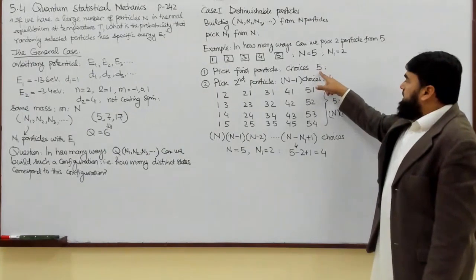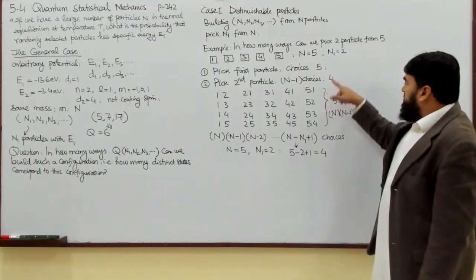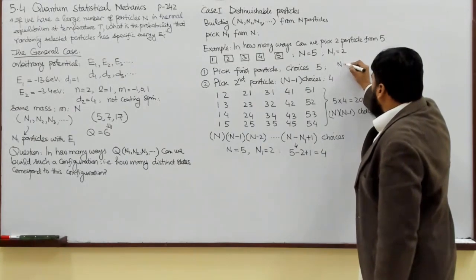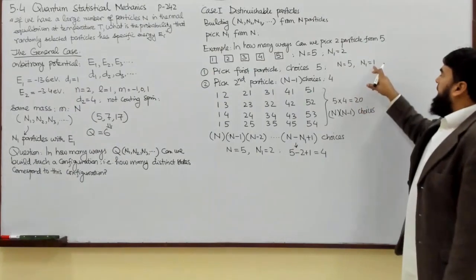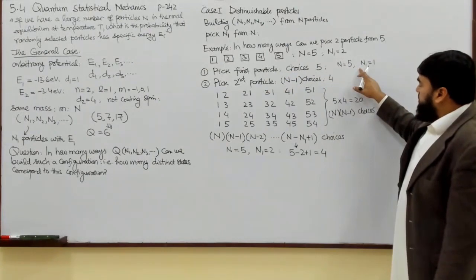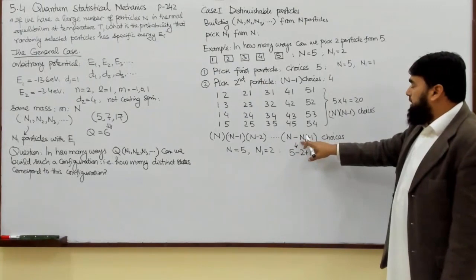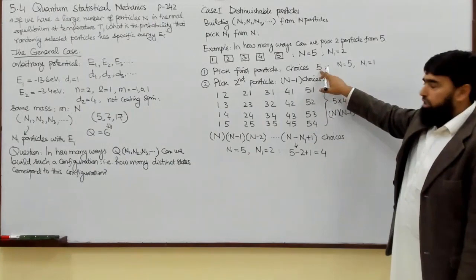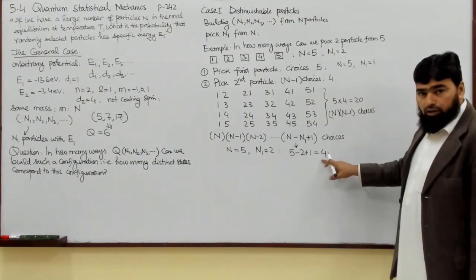For the first case, n equals 5 and n1 equals 1, I am picking one particle: 5 minus 1 is 4, plus 1, so 5 choices. When I pick the second particle, the number of choices is 4.